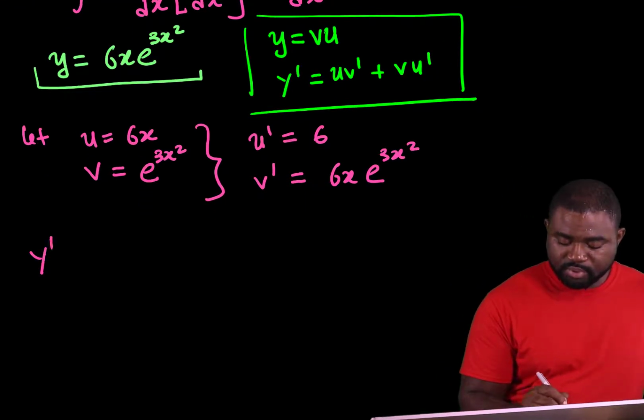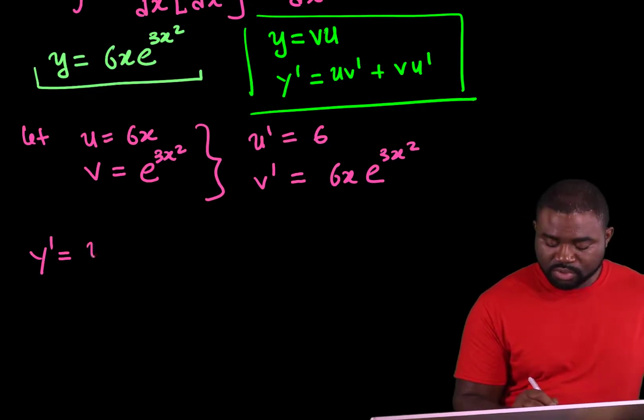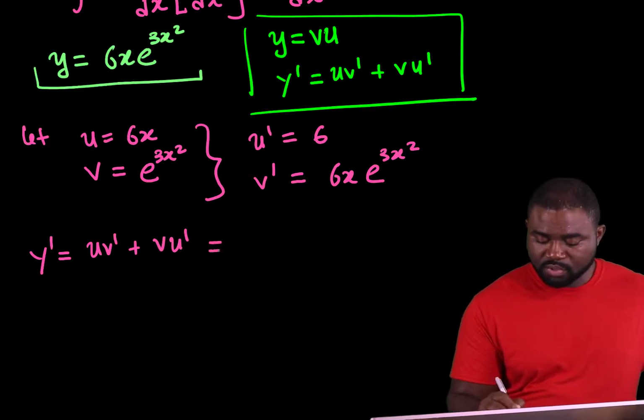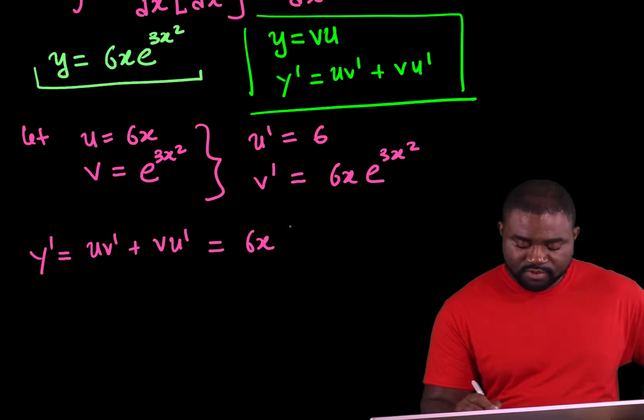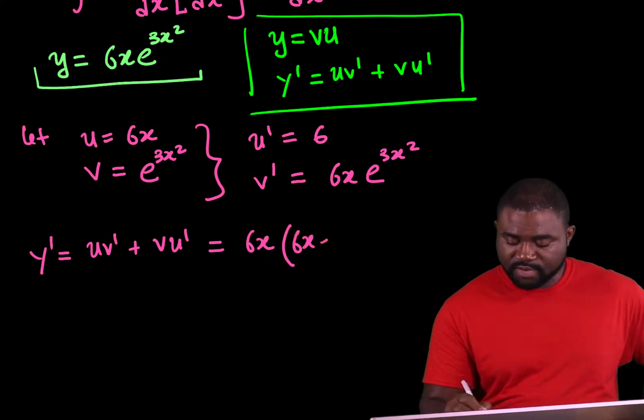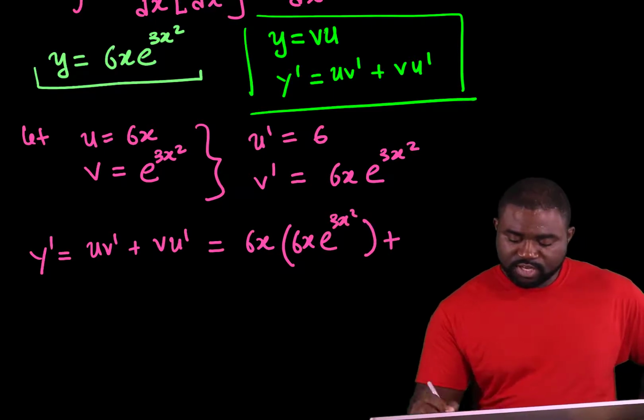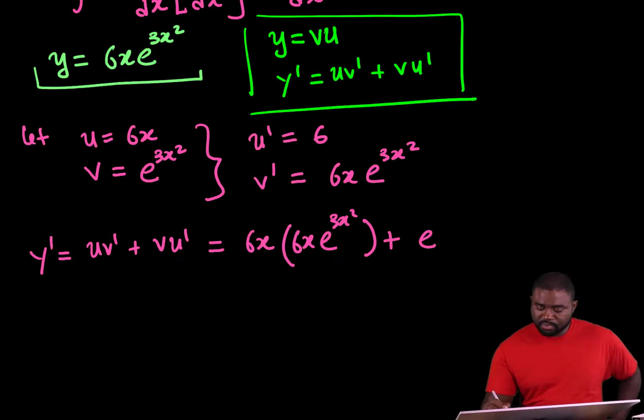Hence, y prime is equal to u v prime plus v u prime, which will be 6x times 6x e^(3x²), plus e^(3x²) times 6.